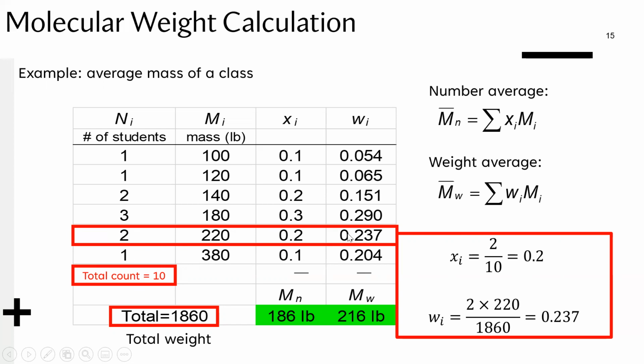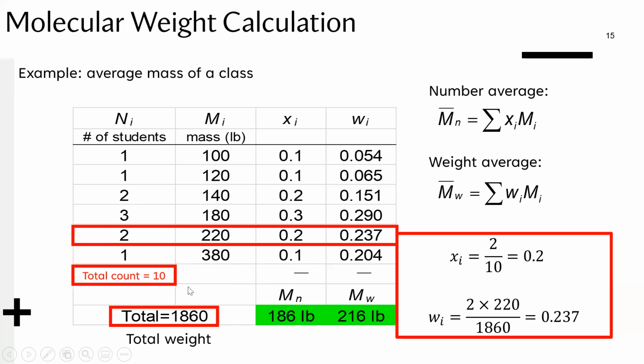Now, if I were to calculate the weight fraction, I would divide the weight consumed by this group, which in this case, we've got 2 students, each have 220, so that's 440. I divide that by the overall weight of the entire class. So I have to sum up all the students' weights, and it will give me 1860 pounds.